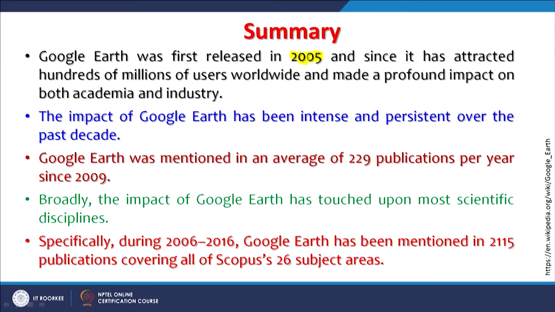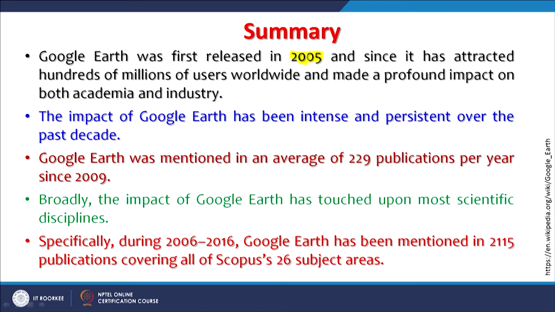You don't have to do any extra installation, just start zooming in on the ocean or sea part of the earth and you start seeing all those details. So in summary, that is also about Google Earth, Google Moon and Mars: it was first released in 2005 and since then it has attracted hundreds of millions of users worldwide.